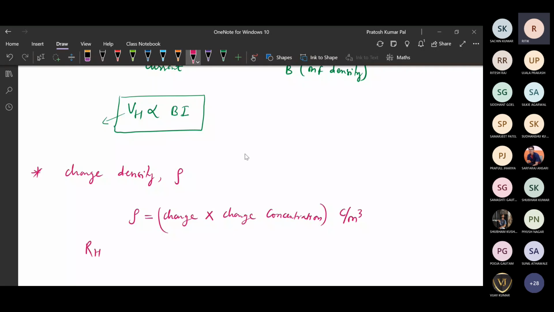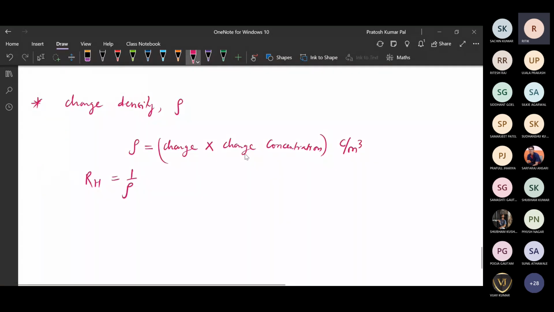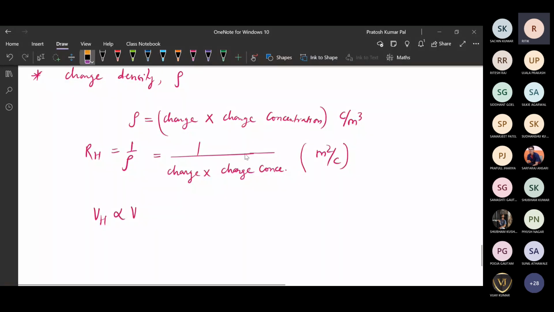So we have defined a term, the Hall coefficient, that is RH, which equals 1 by rho. So the Hall coefficient will be 1 upon the charge multiplied by the charge concentration. Its unit will be meter square per coulomb in the case of the Hall coefficient. And also we know the Hall voltage VH is directly proportional to RH, the Hall coefficient.